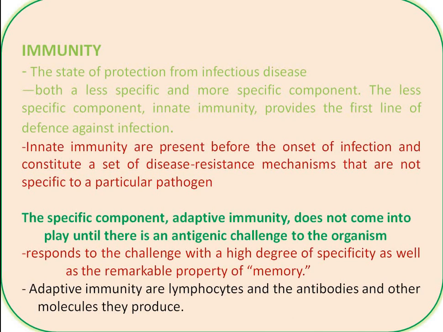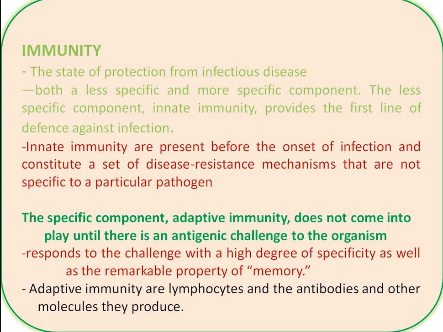The less specific components, innate immunity, provide the first line of defense against infection. Innate immunity is present before the onset of infection and constitutes a set of disease resistance mechanisms that are not specific to a particular pathogen.